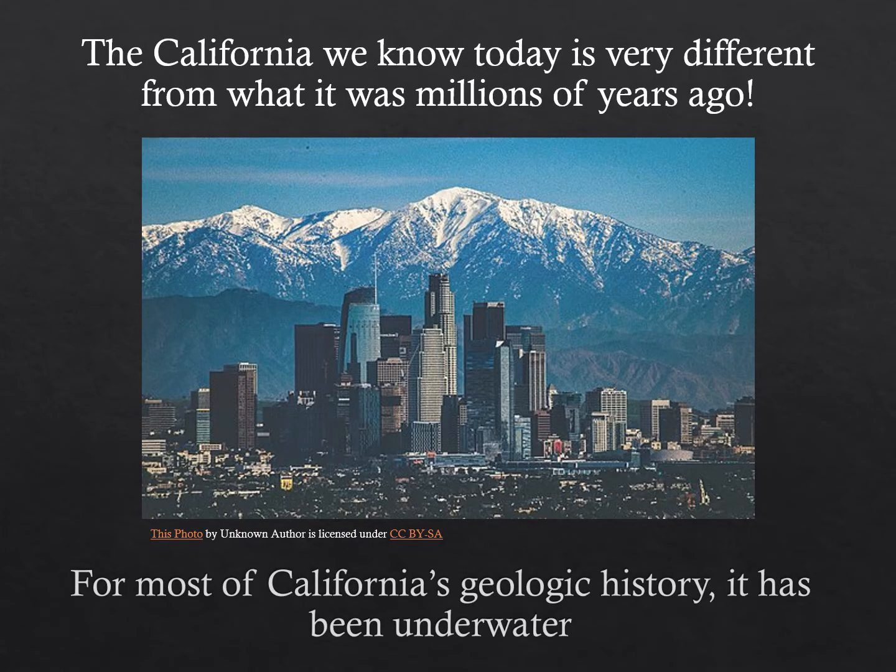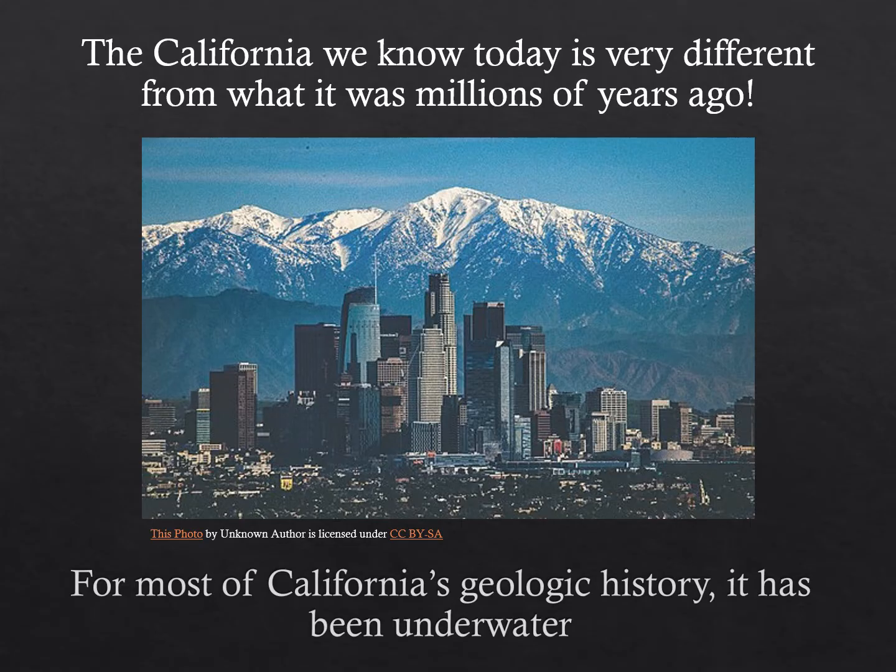Before we do our overview of about 600 million years or so of geologic history in California, I want you to understand that the California that we know today is very different from what it was millions of years ago. For much of its geologic history, California was submerged. It was completely underwater.